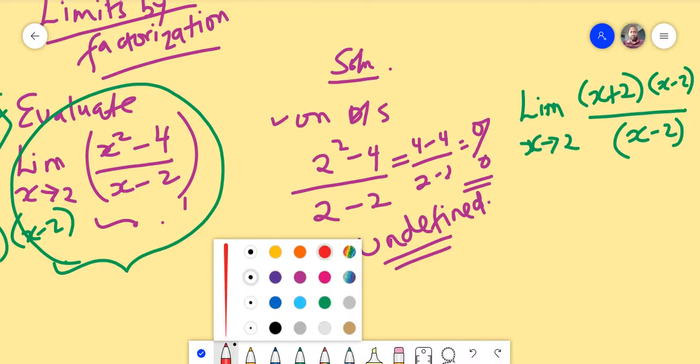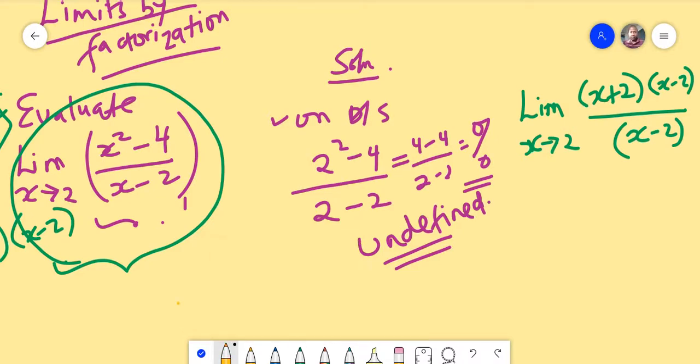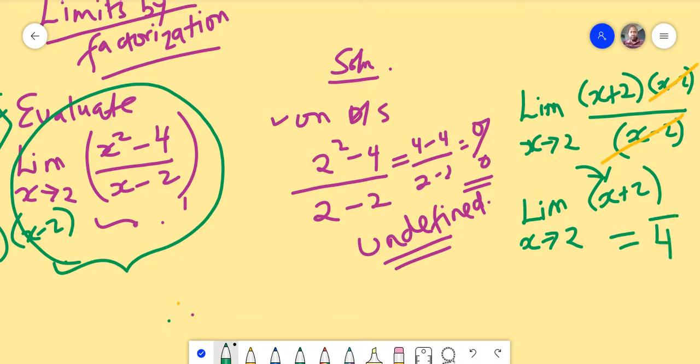We see that this term can cancel with this one. So under that simplification, our limit can be rewritten as the limit as x approaches 2 of x plus 2, which upon substituting the value of 2 where we have x, we get the answer 4. Okay, so that is the first example.